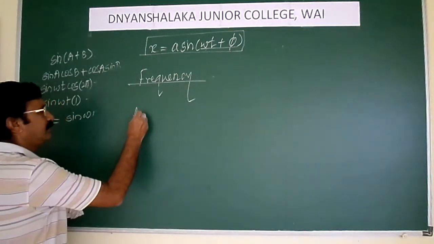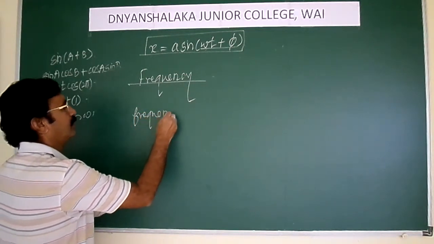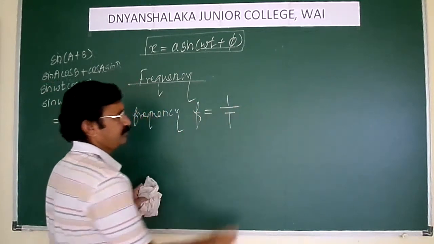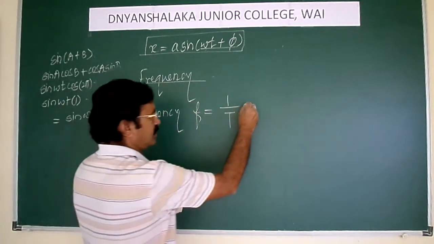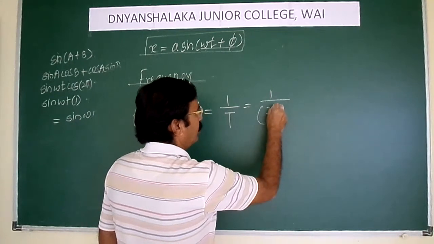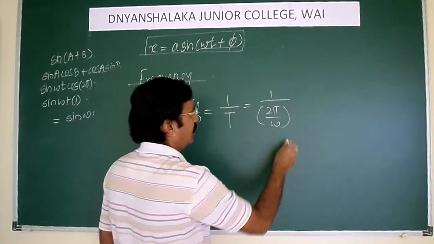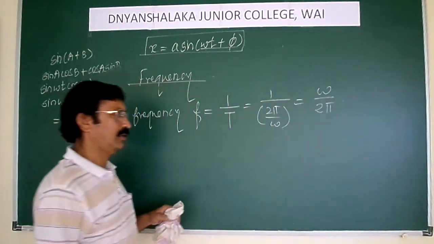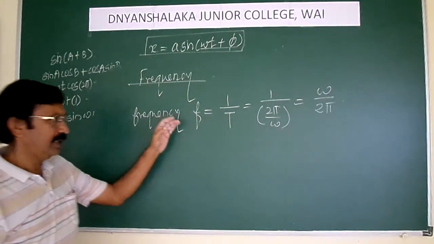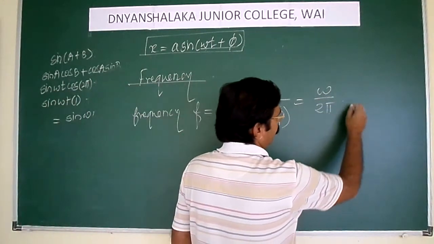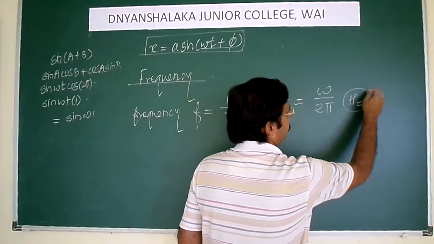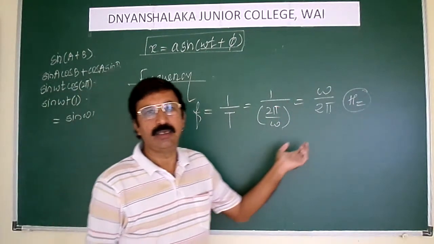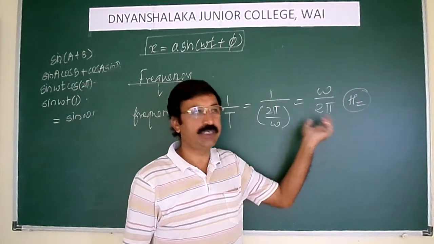So frequency f is equal to 1 upon T. So this will be 1 upon 2 pi upon omega, so this will be omega upon 2 pi. Frequency has the unit hertz, or it is also written as number of cycles per second.